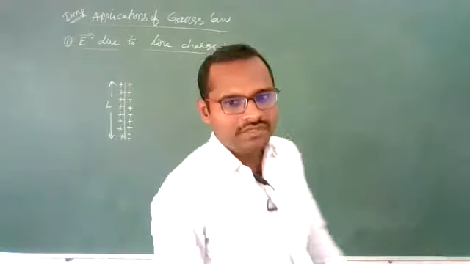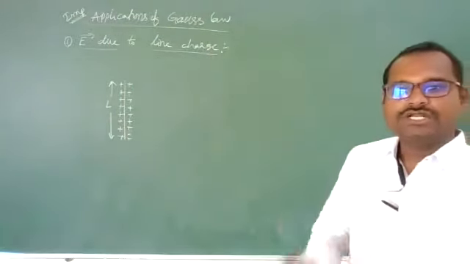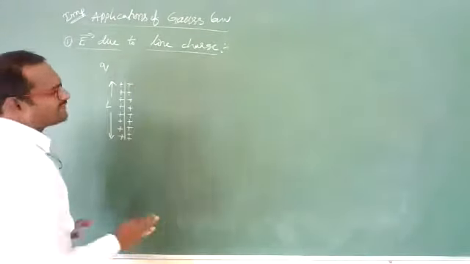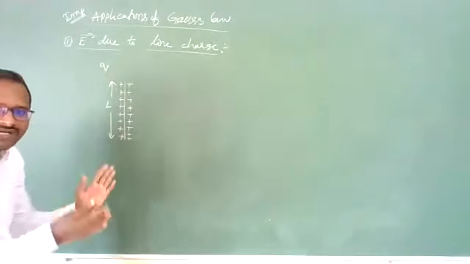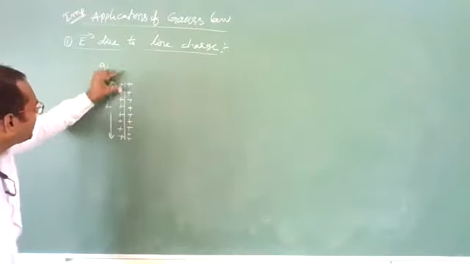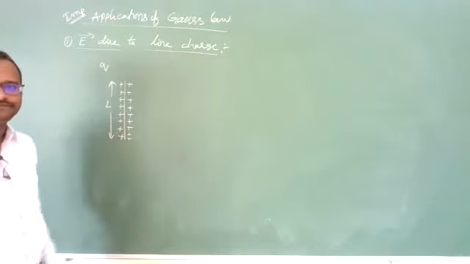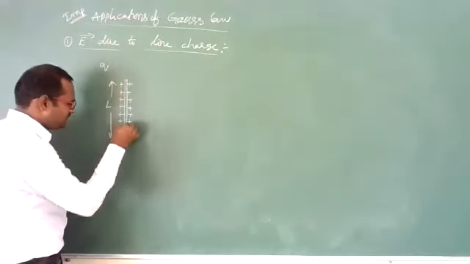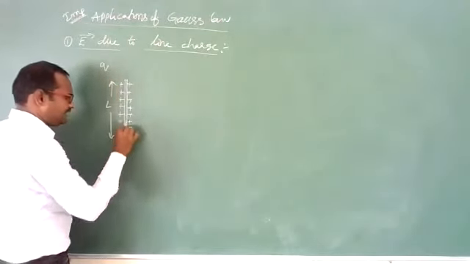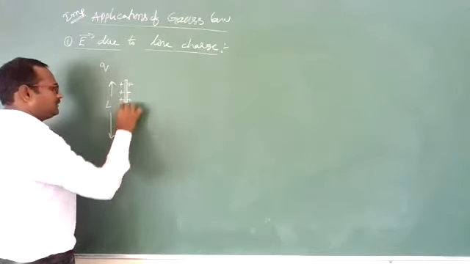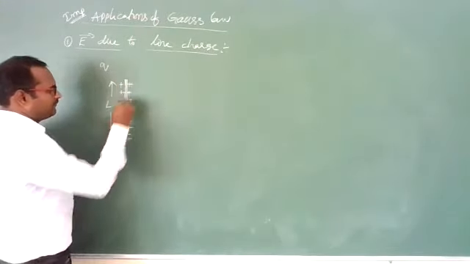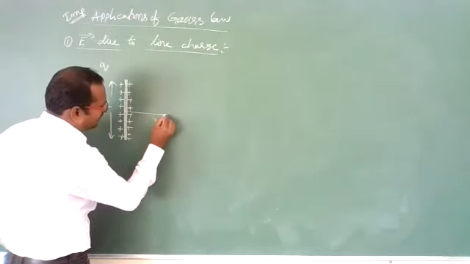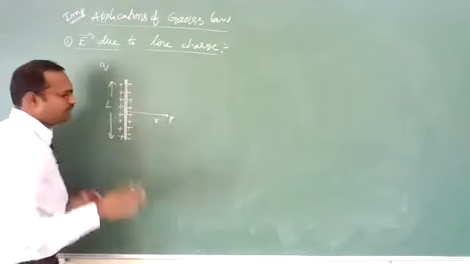Over this total length L, how much charge is there? Imagine Q charge is there, and that Q charge is uniformly distributed over this total length. Now from this line of charge, from this rod, at a distance of r, here at this point P, we want electric field.